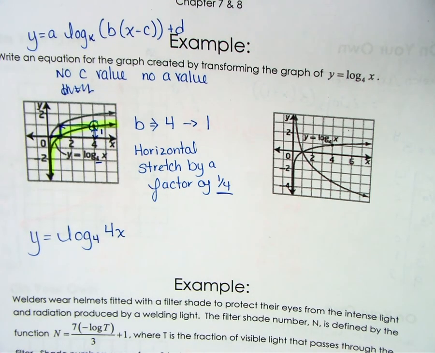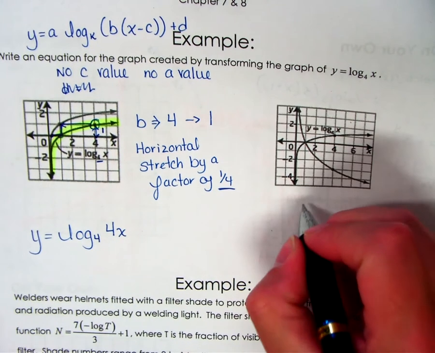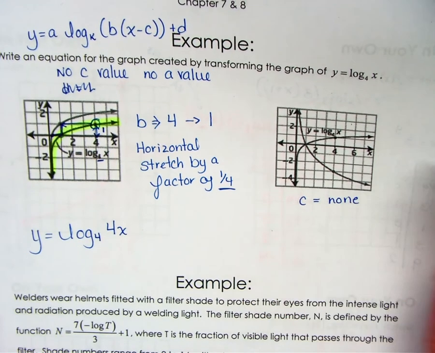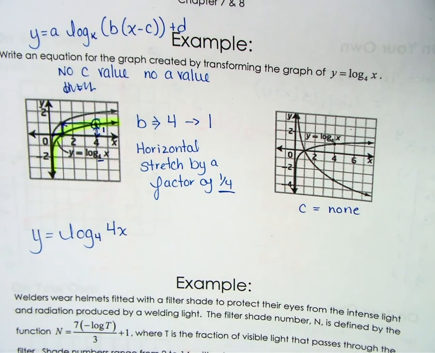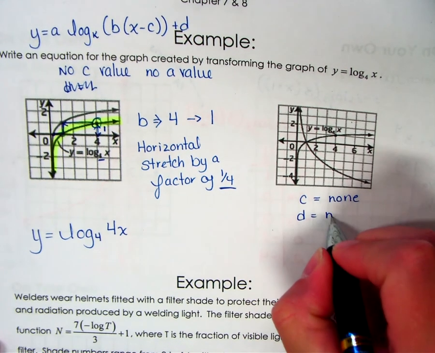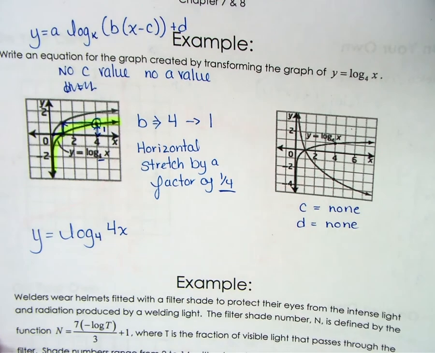Any C value? Any shifts? And I know that because, did my asymptote move? No. I know that there is no D value because what point do they share? They share that x-intercept. Oh, this is nice.